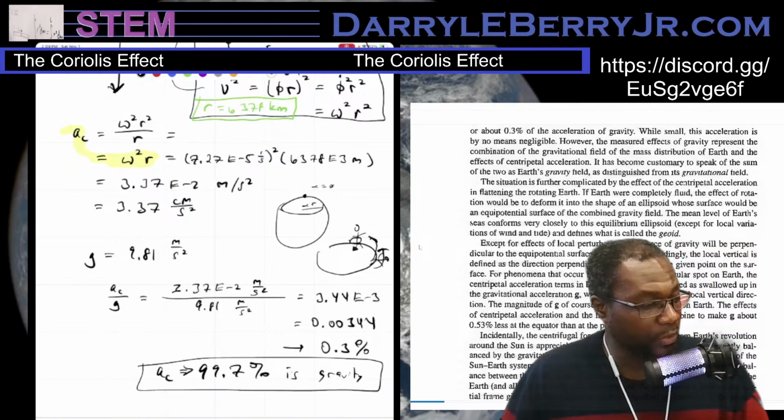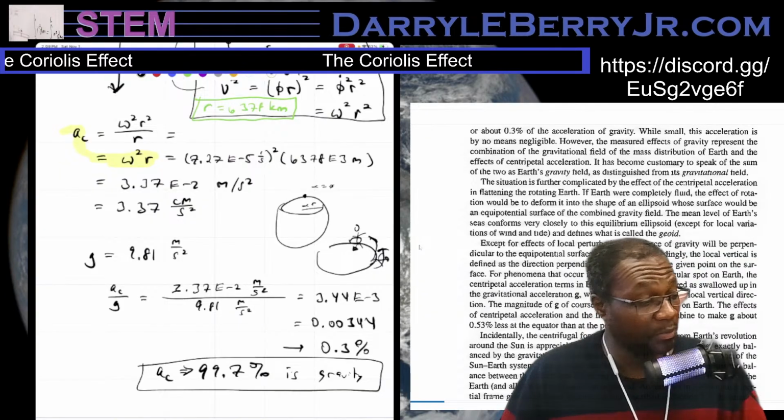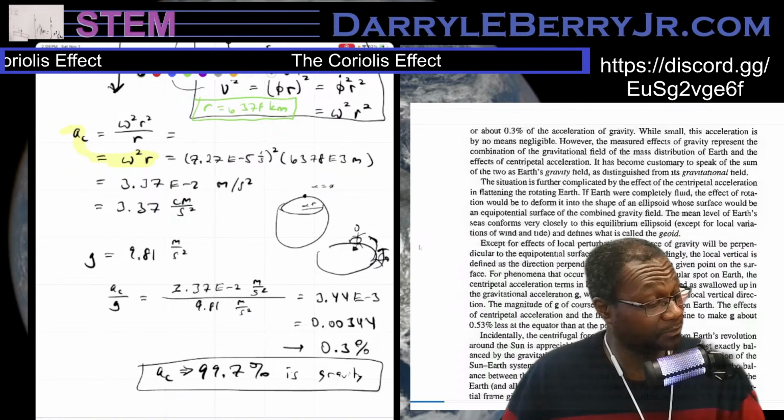Incidentally, the centrifugal force on a particle arising from Earth's revolution around the sun is appreciable compared to gravity. That's interesting. But it is almost exactly balanced by the gravitational attraction of the sun. That is neat.